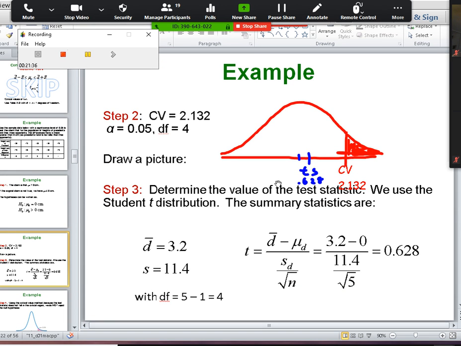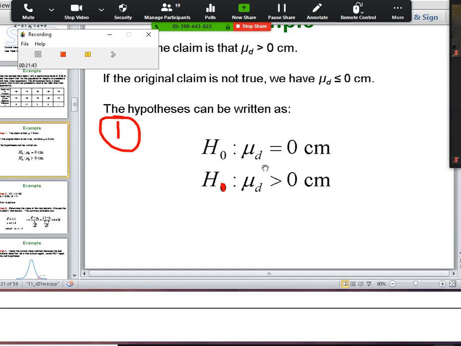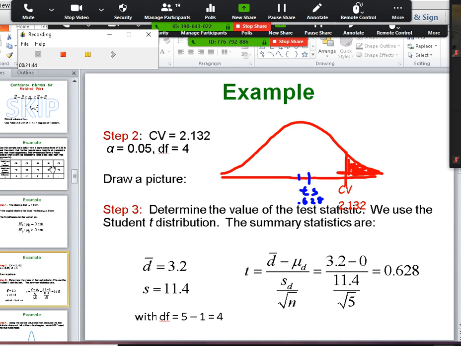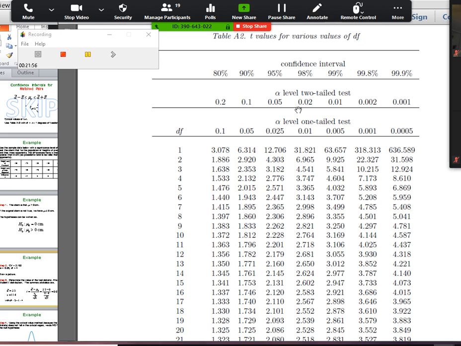Step 2, draw your picture. Critical value: my degrees of freedom is 4, because I had five sets of numbers, so it's n minus 1, 5 minus 1 is 4. Alpha is 0.05. If I pull up my little table here, one-tailed test, 0.05, degrees of freedom 4.